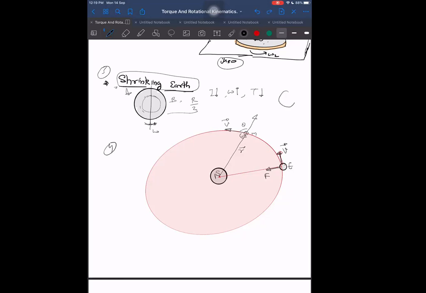Supernova explosion, what happens? Even without a supernova explosion, sometimes, when the star reaches different phases of life, there are some phases in which the star will expand, and other phases in which the star will collapse. As the star collapses to a smaller radius, the moment of inertia becomes very, very small, and omega becomes very, very high.